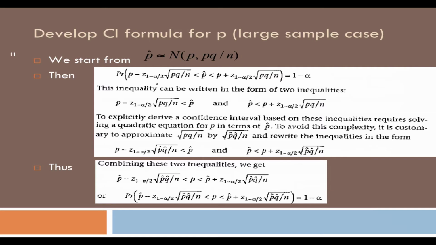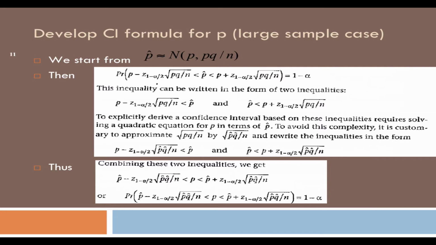How do you decide that the sample is large enough? Good question. I'm going to talk about that. There's no very clear line to say this is large and this is not large enough.